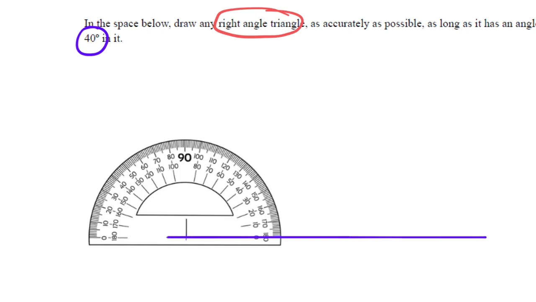So I am using these as my angle markers inside. I now need to go up to 40 and I can see my 40. That is the equivalent of 140. So I want to come out here at the end of that 140 and make as accurate a little tick as I can.